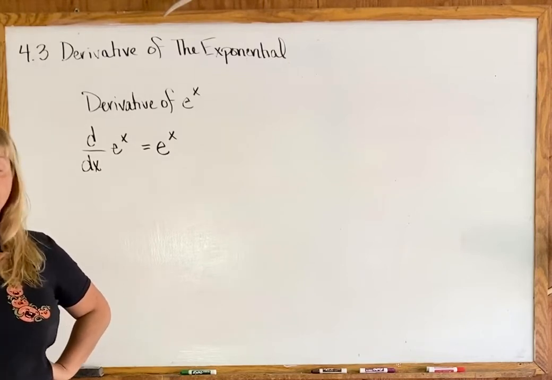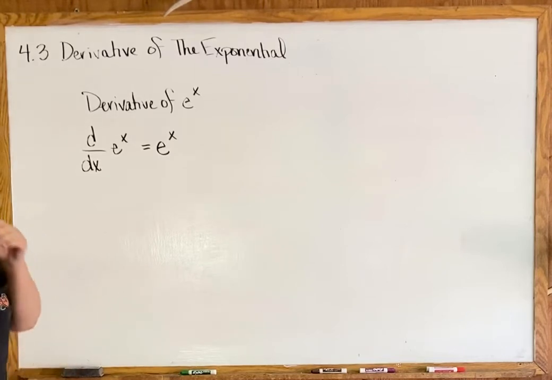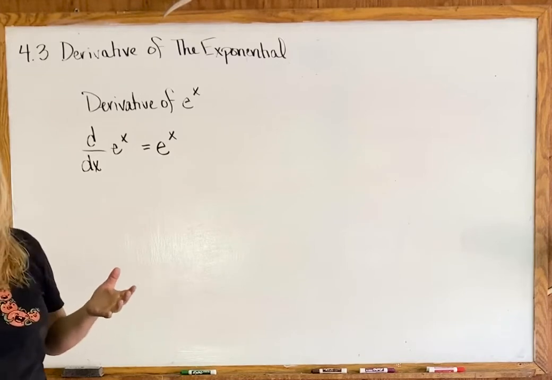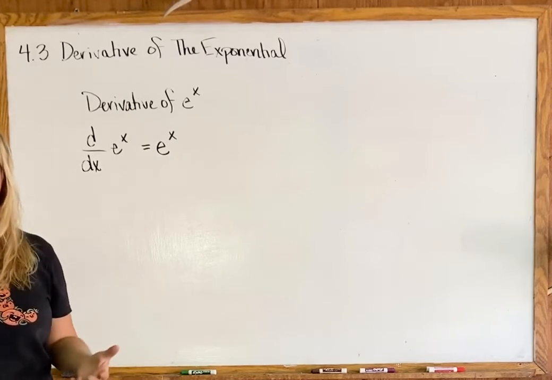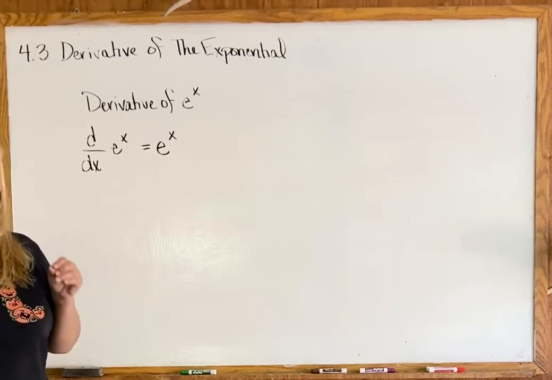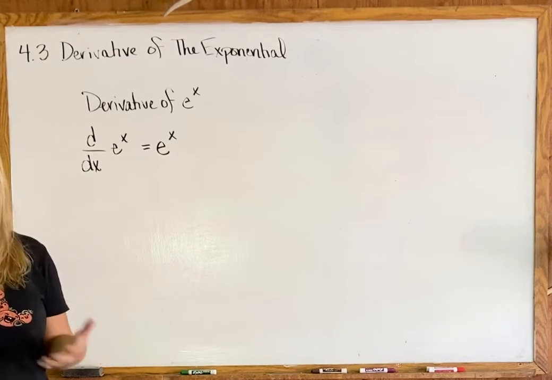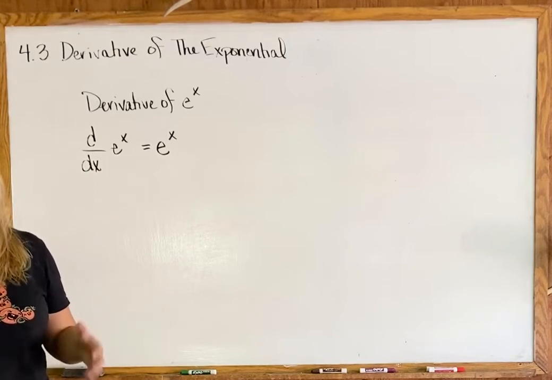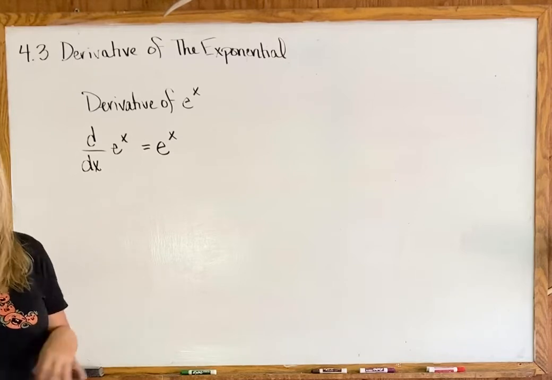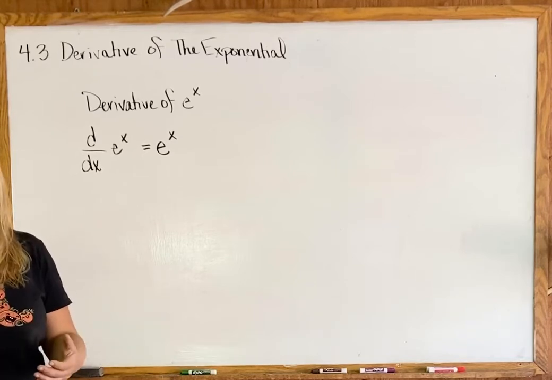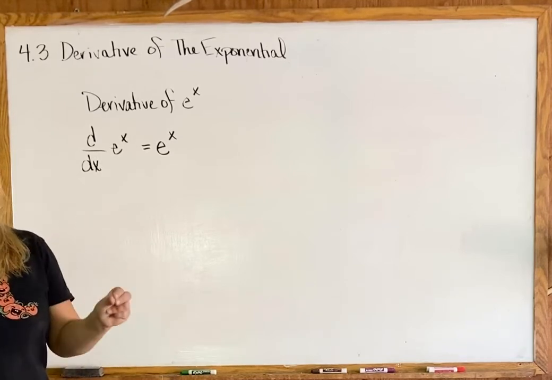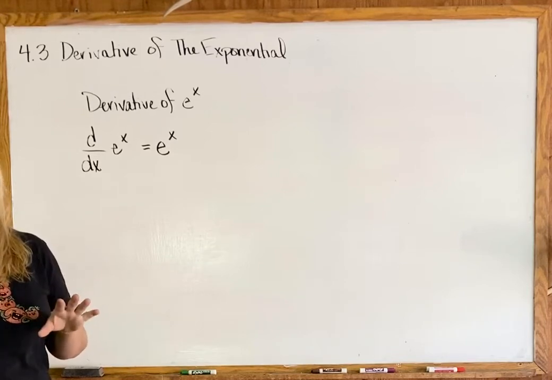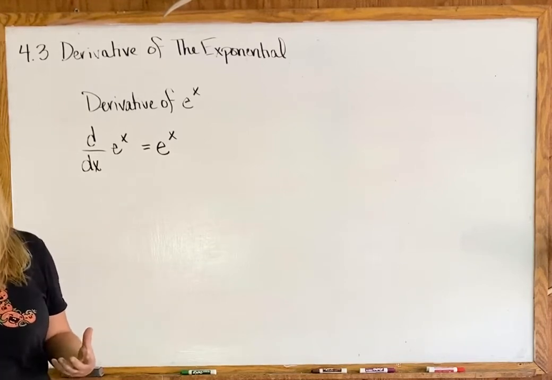The reason why is that when we're finding a derivative, we're looking at rate of change. And e to the x is a growth rate function. The fact that e to the x is already showing rate of change, and it's the ideal rate of change, means that it's its own derivative.